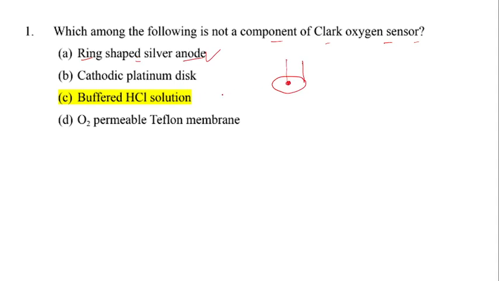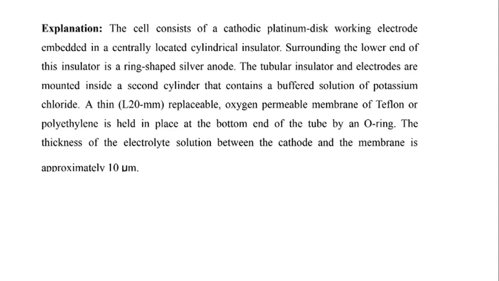Buffer HCl solution, no, because we use KCl. And oxygen permeable Teflon membrane, so this is also correct. So finally C is the wrong answer, and I think you do not have any doubt in this question. So this is the explanation of this question.